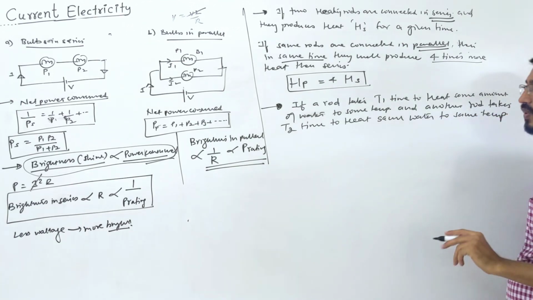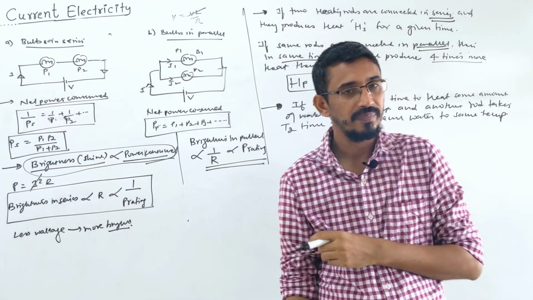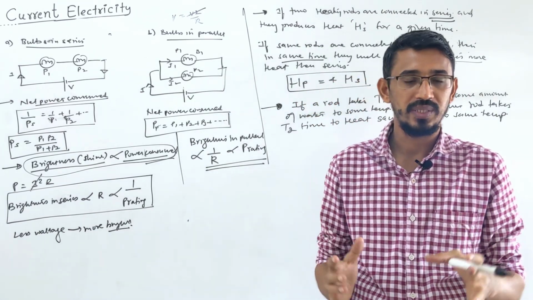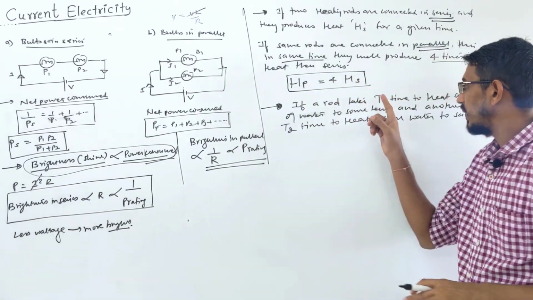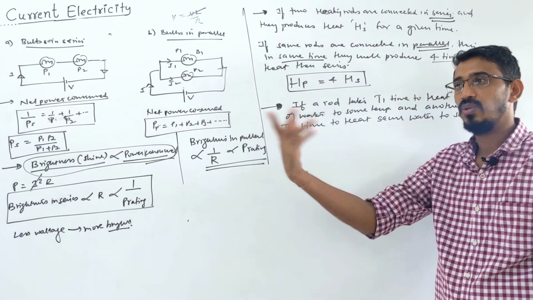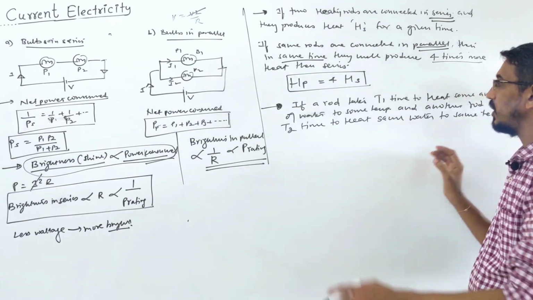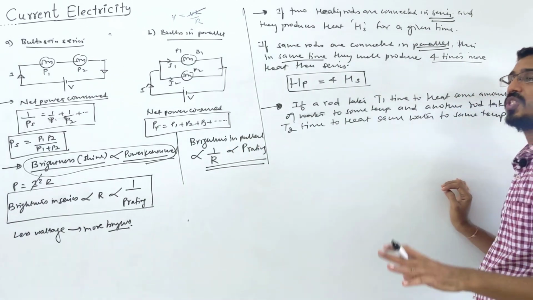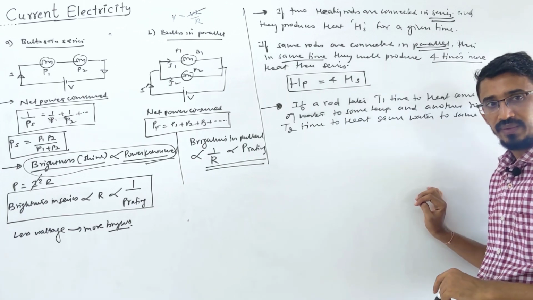Suppose you want to heat your water from 20 degrees to 50 degrees, a given 10 liter bucket of water. Suppose one rod takes T1 time and the other takes T2 time. Now these two rods I put in series and parallel combination, then how much time will they take?